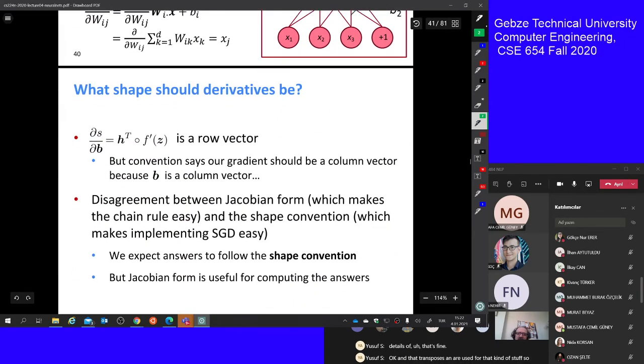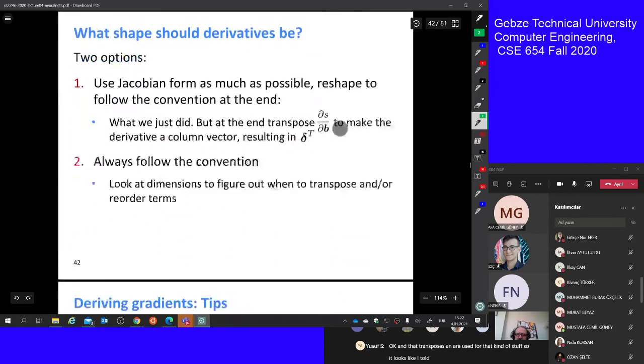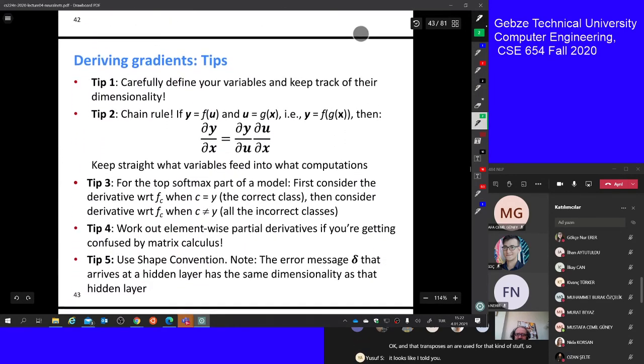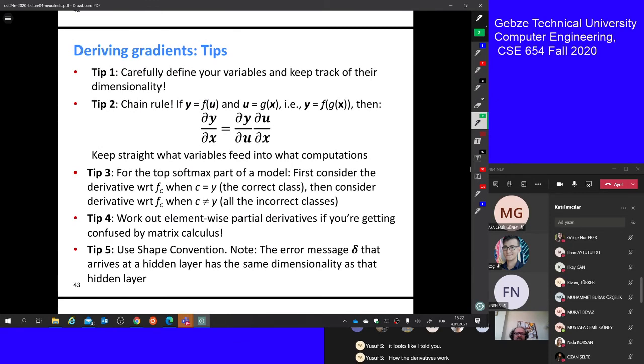So it looks like I told you how the derivatives work, how we can take the derivatives of your score, your final output, with respect to your parameters.